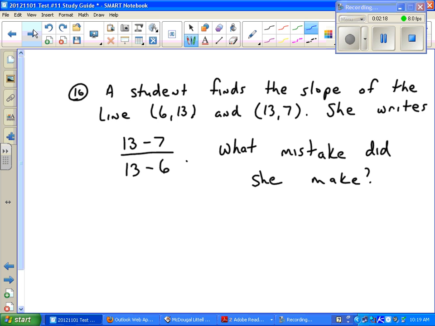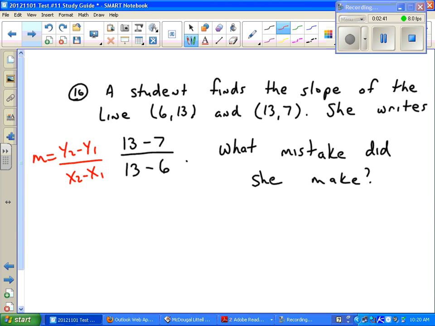Number 16, it says a student finds the slope of the line through (6, 13) and (13, 7). She writes 13 minus 7 over 13 minus 6. What mistake did she make? She used the slope formula, m equals y sub 2 minus y sub 1 over x sub 2 minus x sub 1.